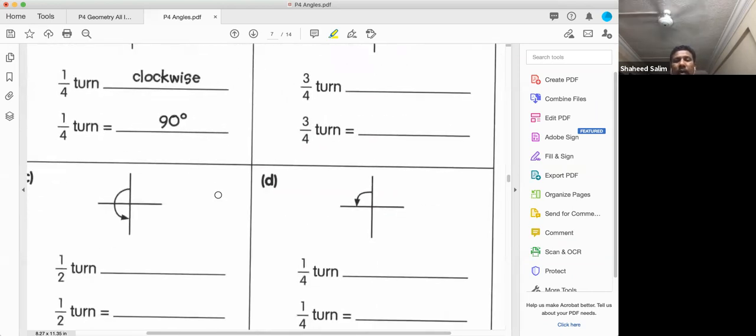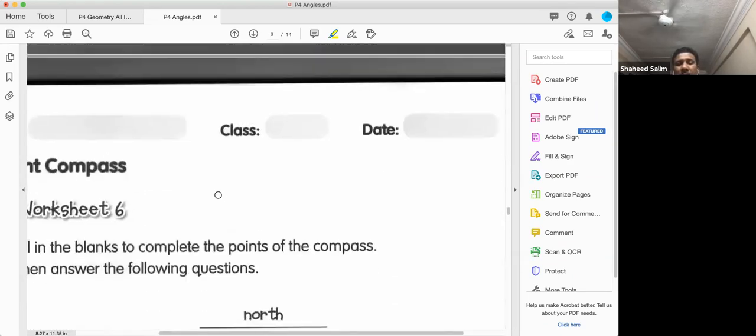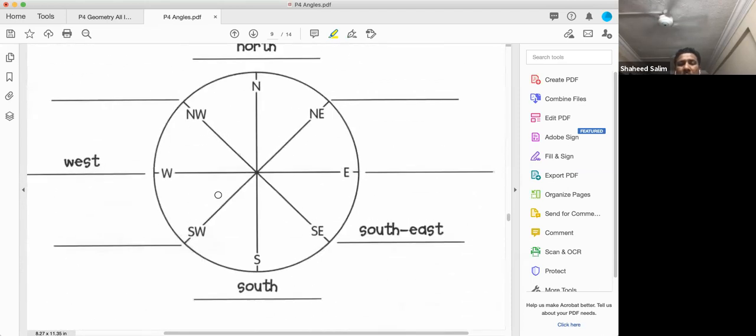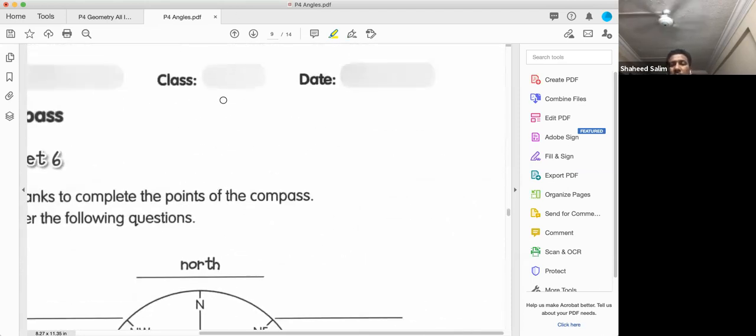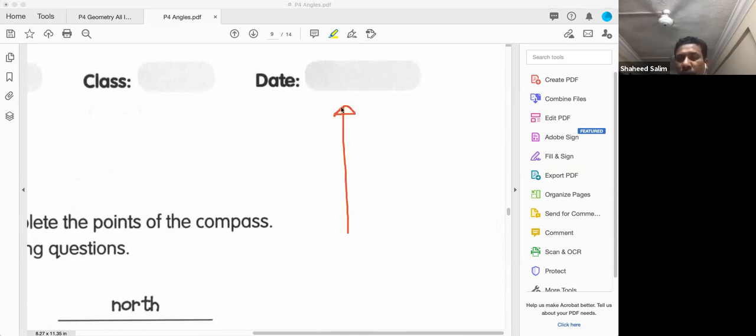Okay, now master this. So now I want you to take out your exercise book. We need to be able to label. Have we gone through north, south, east, west? Yes.